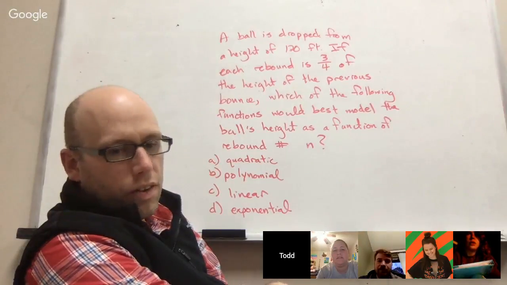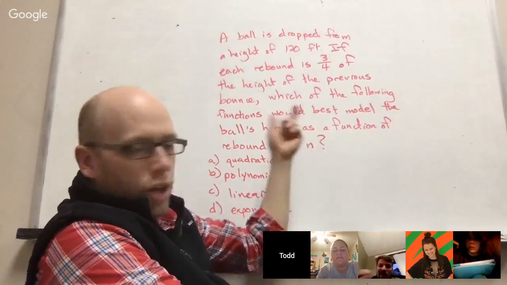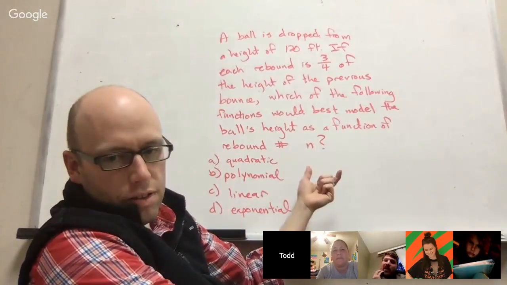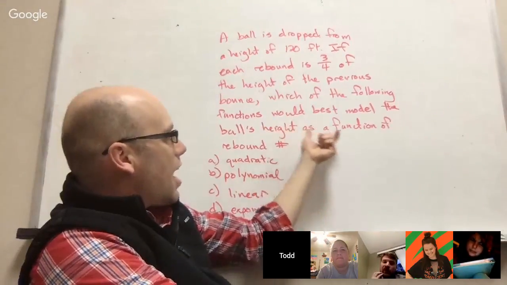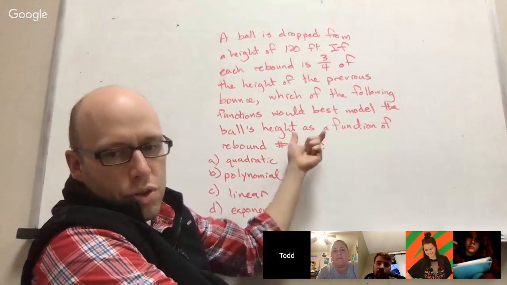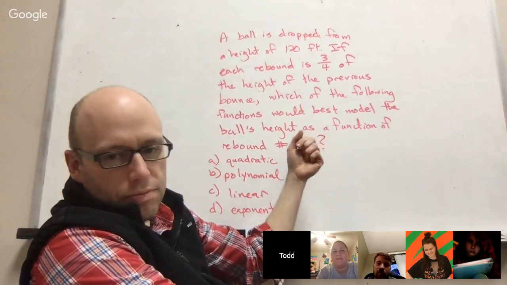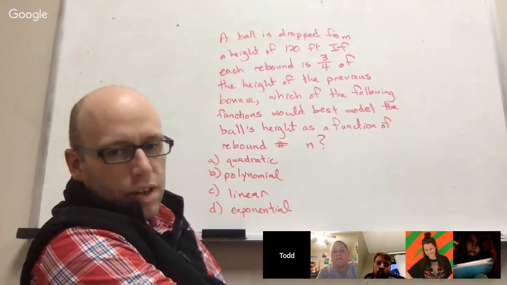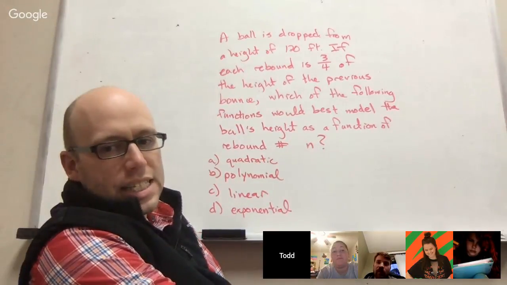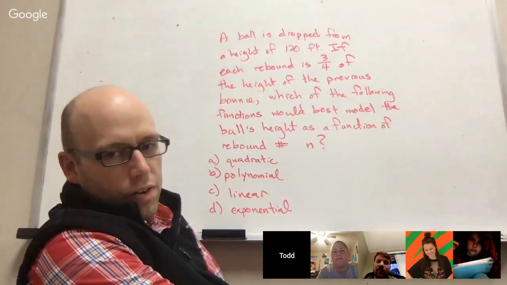It says that we have a function here, right? So we need an input and an output. If it says height as a function of rebound number, which one should be the input and which one should be the output? Would the height be the variable?